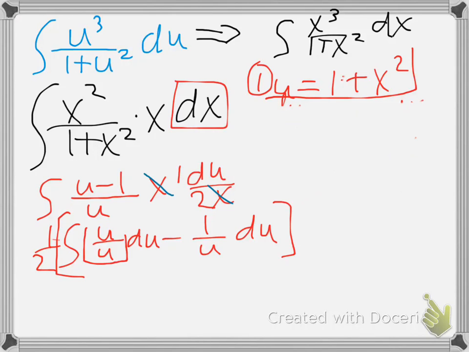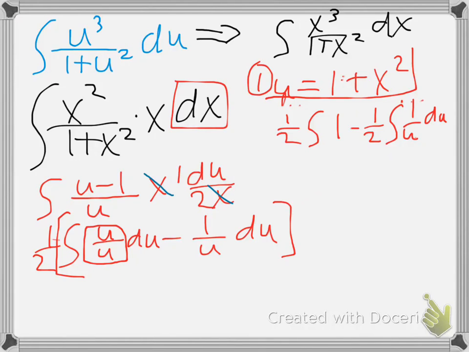u over u is equal to 1, so we have the integral of 1/2 of u, and if I distribute this 1/2 here, I have 1/2 1 over u du. Sure made a mistake right here, didn't I? That should be a 1, sorry.